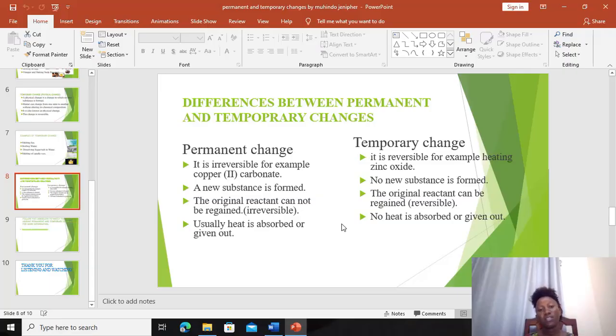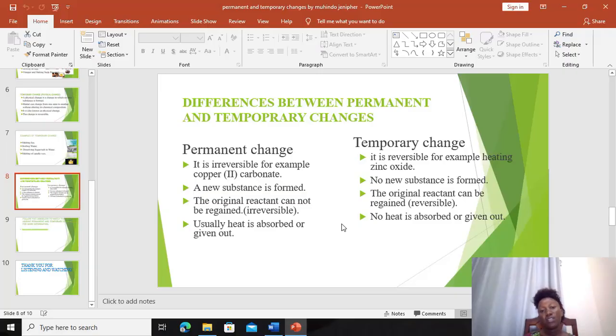Another difference is that in permanent change, a new substance is formed with new chemical properties, but in temporary change, no new substance is formed because it can easily turn back to its original state.